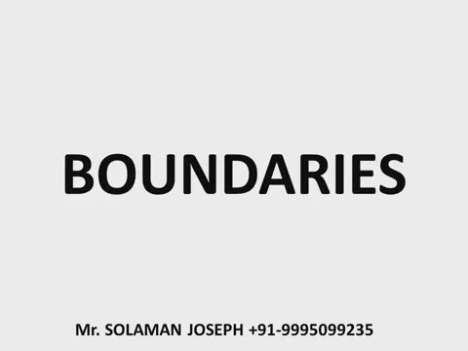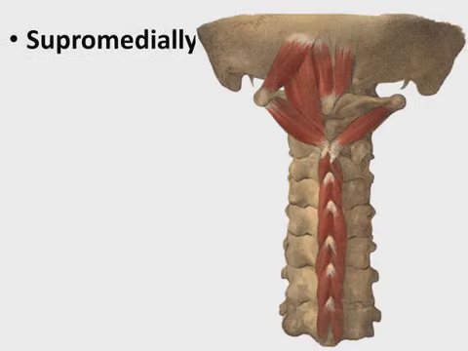And we are going on to the boundaries of this triangle. Here we can see the muscles associated with it. Superomedially, it is related to the rectus capitis posterior major muscle, supplemented by the rectus capitis posterior minor muscle. We can see two muscles on the medial or superomedial side, the rectus capitis posterior major and the rectus capitis posterior minor.